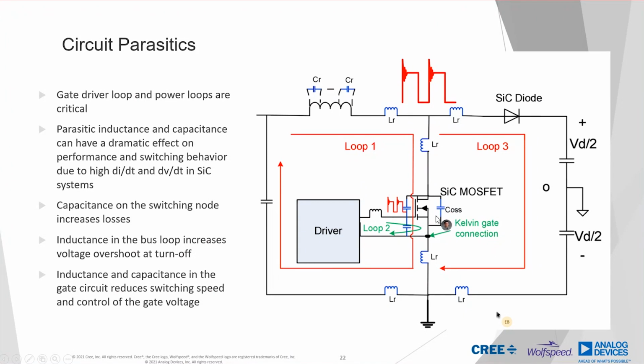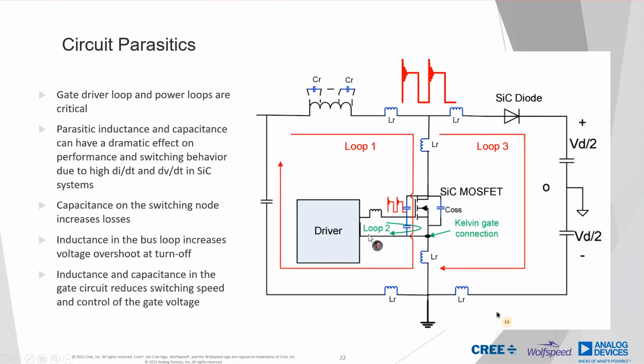Similarly, capacitance across the device. Anytime you turn the device on, that capacitor's energy is going to discharge into the device. So you definitely want to avoid adding stray capacitance at any of the switching nodes, because that's just going to end up translating directly into losses in the device.